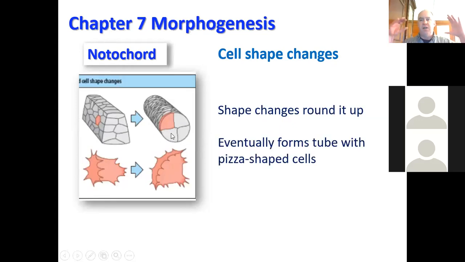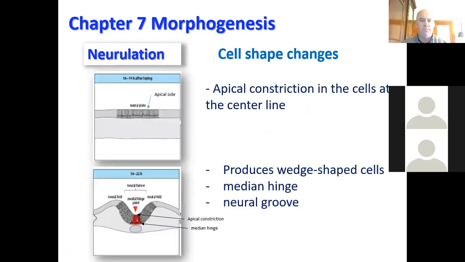And as they're changing shape, the cells are intercalating and getting longer and extending from that little squishy area by the blastopore out, as the gastrula extends to become the notochord. It's beautiful. Cell shape changes again here, causing the neurulation, the rolling up of the neural tube.